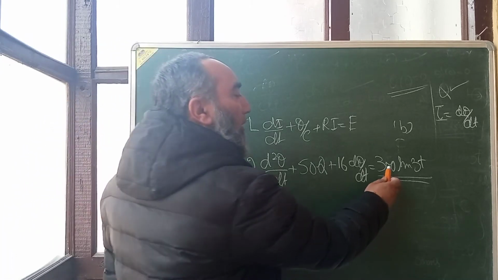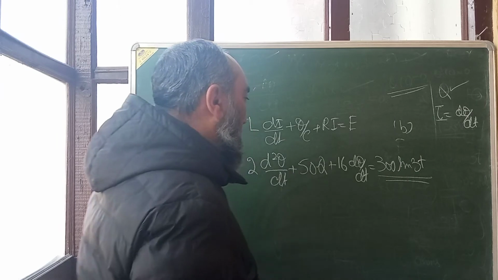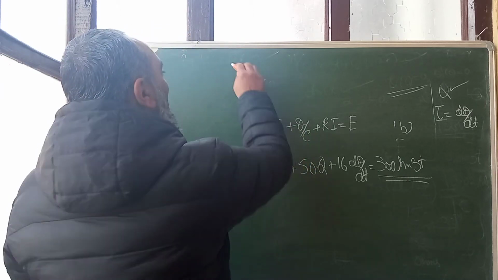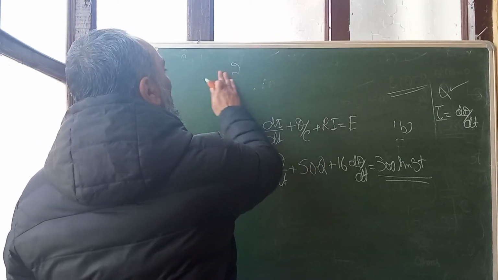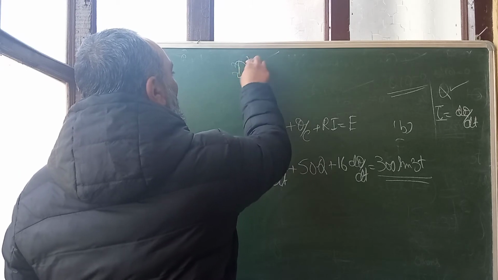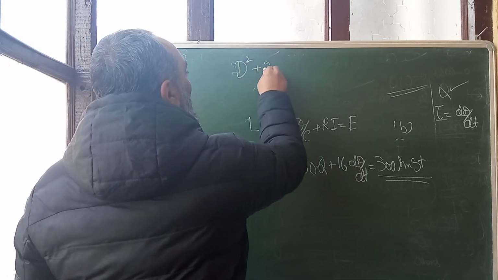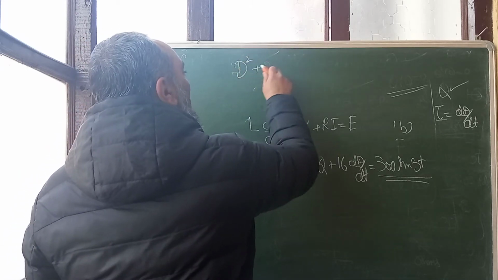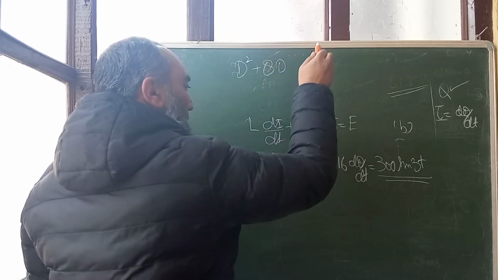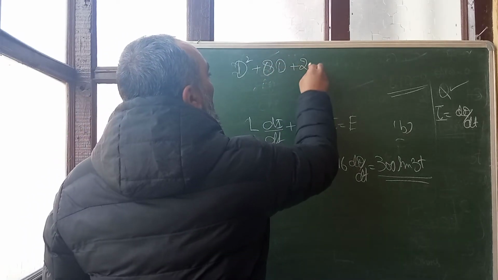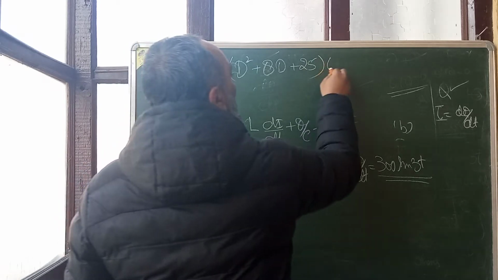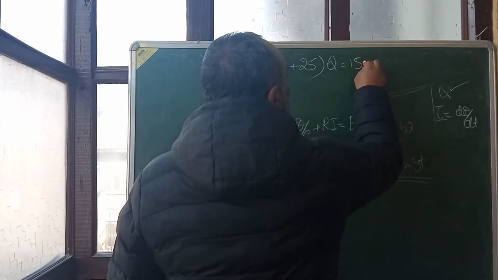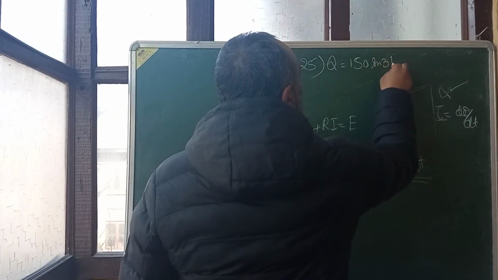Now this is 300 sine 3t volts. So by this you will get D square, you can take D square outside. D square plus 8D plus 25 operating on Q equals 150 sine 3t.